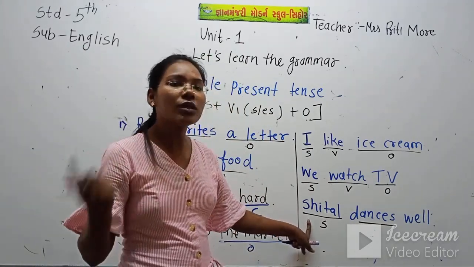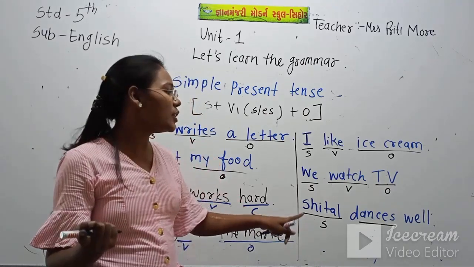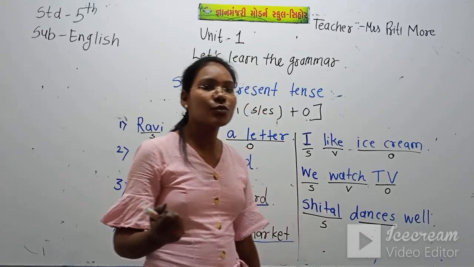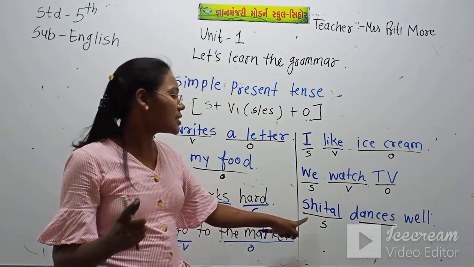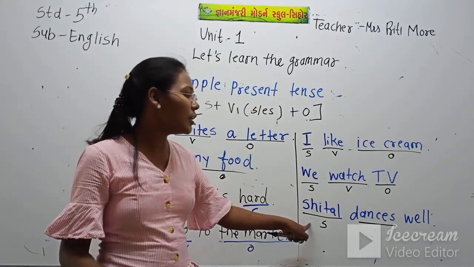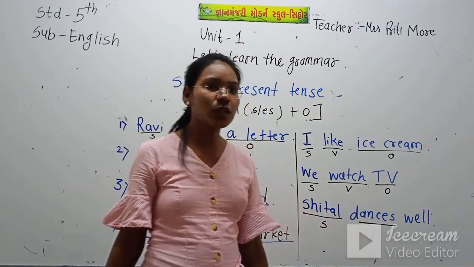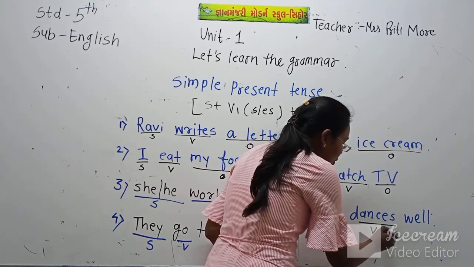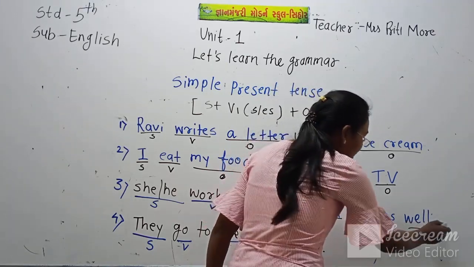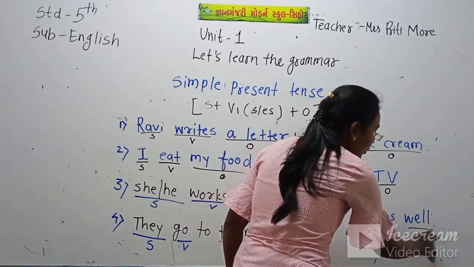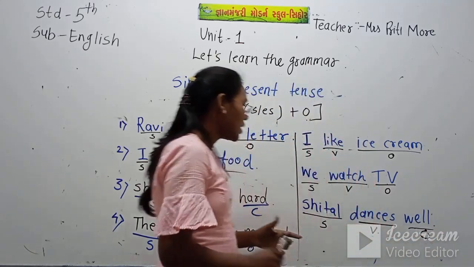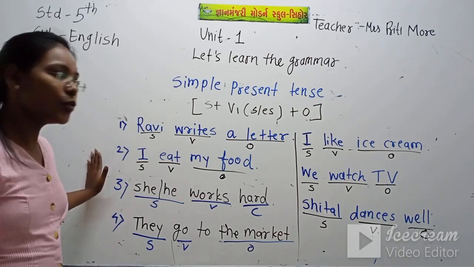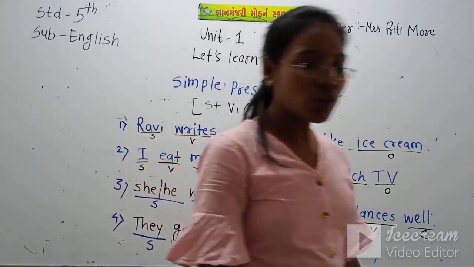If there is more than one person, at that time we cannot add s or es to the verb. When the subject is singular, only then we add s or es to the verb. So Sheetal dances well. This is also our verb, and this is the complement. This is not an object. So you just note down all these sentences in your notebook. Then I give you the homework.